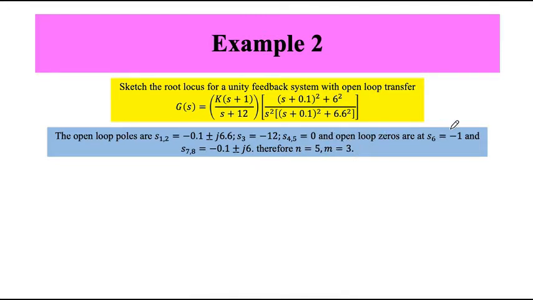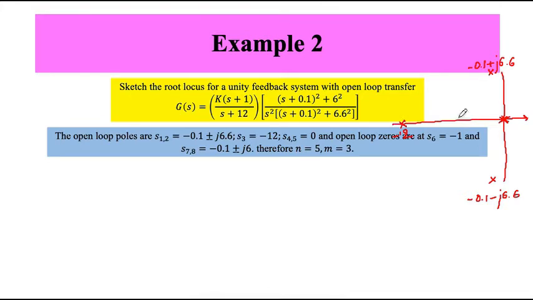So we will just redraw it. I will have two poles at the origin, one at minus 12, and the conjugate pair at minus 0.1 plus j6.6 and minus 0.1 minus j6.6.